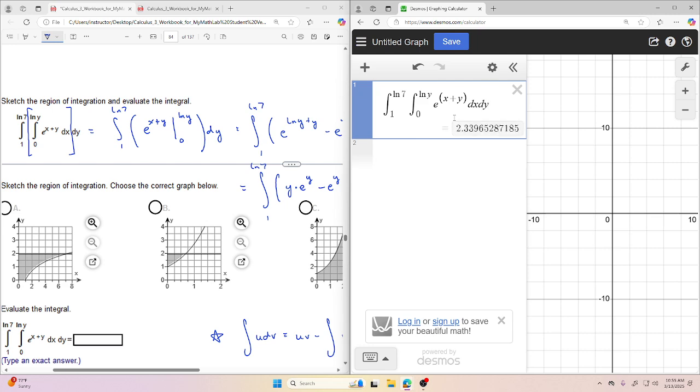dx dy. I mean, it's something. So divide by pi. No, there's something going on. Which is actually kind of close to e. 396528.